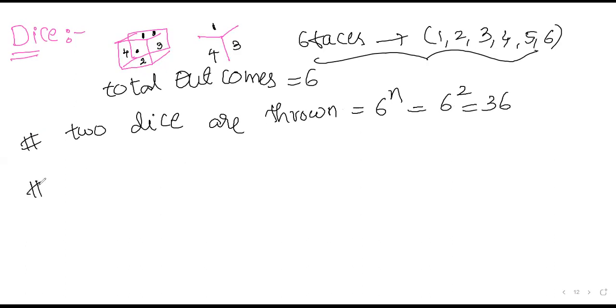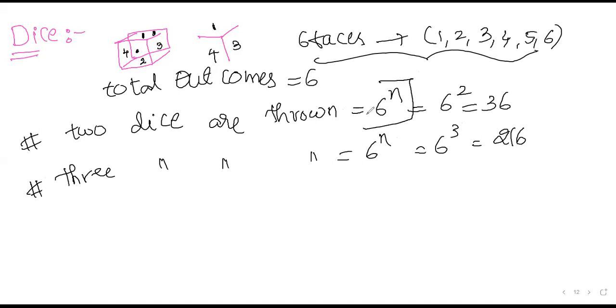Similarly, if 3 dice are thrown, then the total is 6 cubed. What is 6 cubed? Yes, 216. So like this, the total outcomes when dice are thrown is 6 to the power of n. Now we'll see some basic questions on dice.